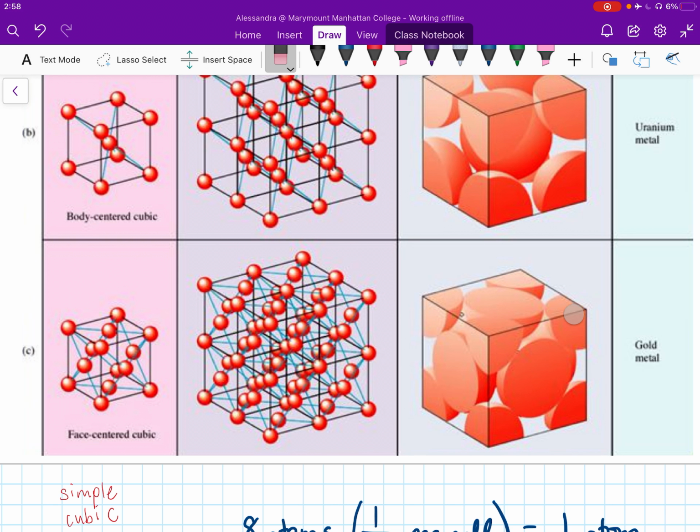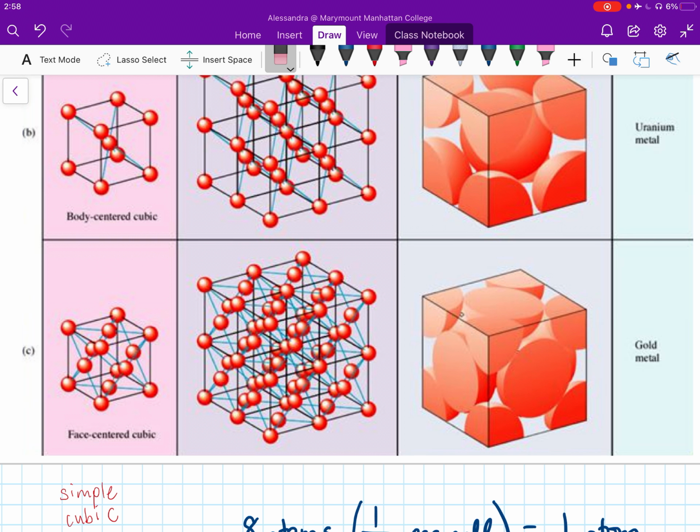So you have the 8 corner atoms with 1/8 of themselves at each corner, but the face-centered atoms are splitting themselves in half between this unit cell and the unit cell next door. So a cube has 6 faces.